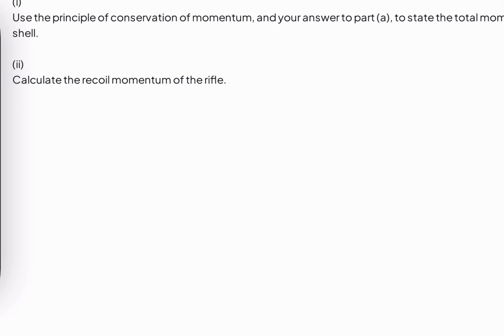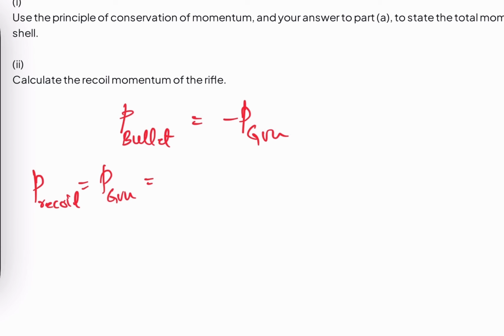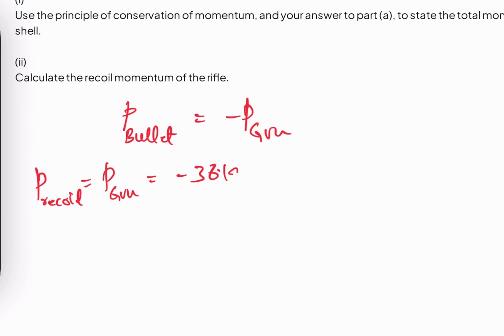Momentum of bullet is equals to minus momentum of gun, so momentum of gun is basically the recoil. Okay, momentum of recoil, that is given 36 kg meter per second. Okay.